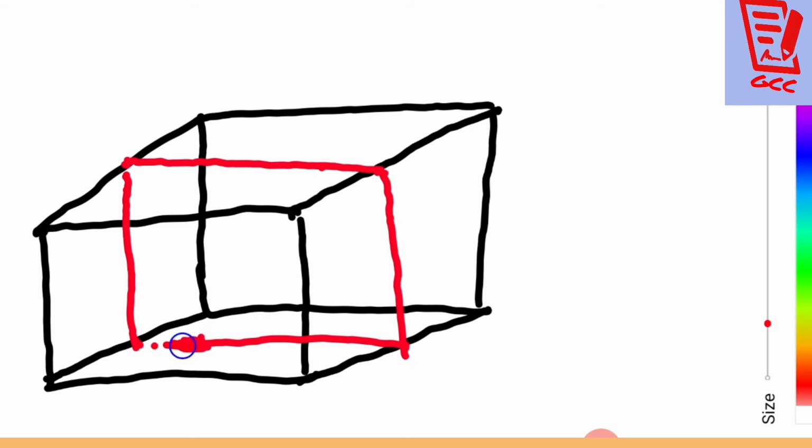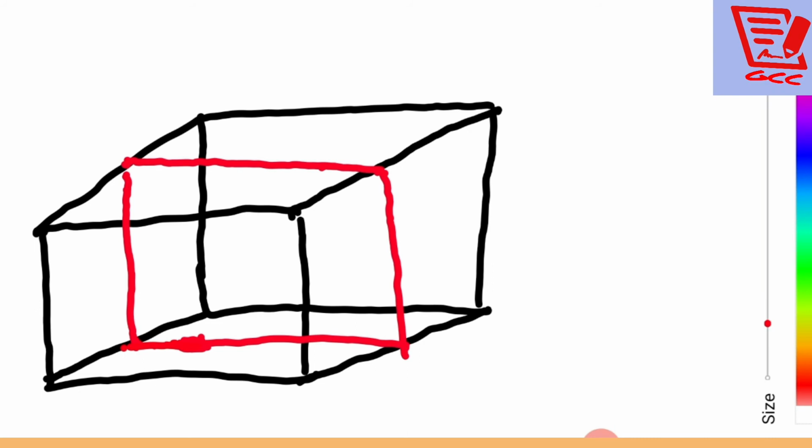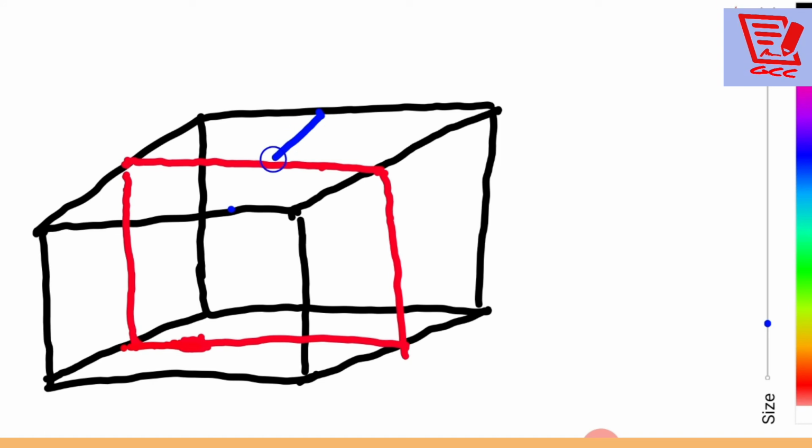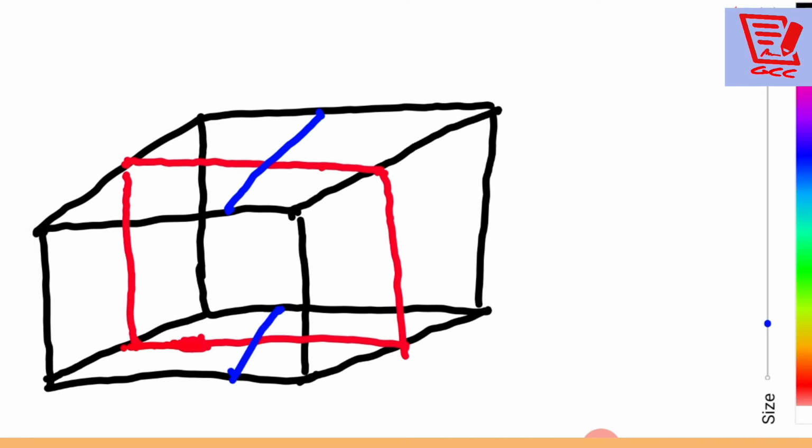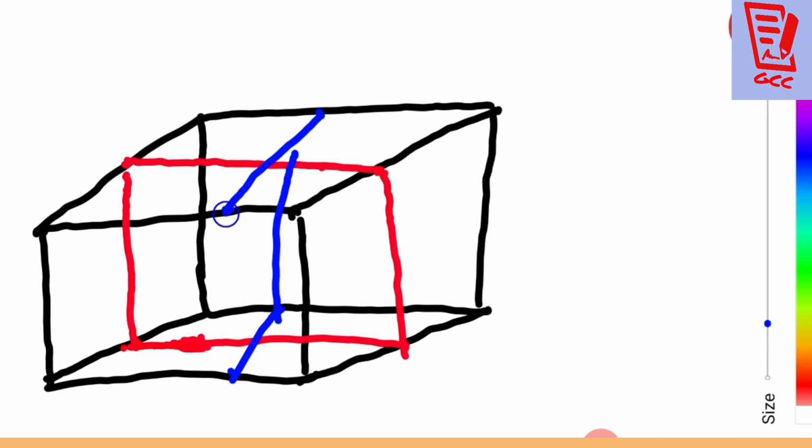Then after that we have to make half of these lines also. Which lines? These lines also. See, I'm drawing one line here, and in the same way here. We have to do half of these lines. Clear? Then in the same way we have to draw here also like this. Then draw it like this.